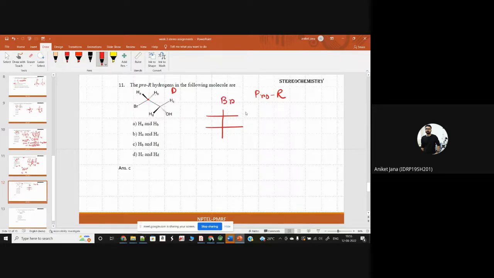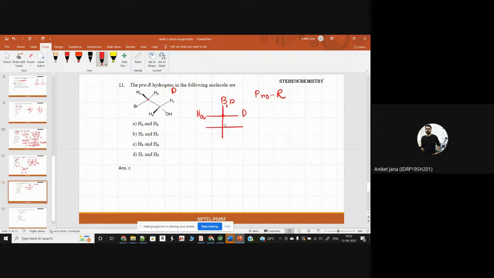We are converting hydrogen B with the D. Then hydrogen A will be as it is. We will check what priority we are getting. So let's think about this center. Let's check out the priority first. Which one is of the higher priority? Priority 1. Bromine, obviously bromine is there.